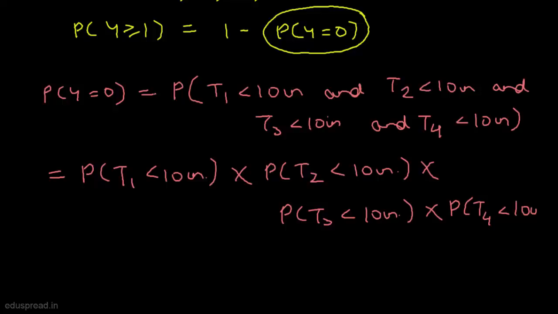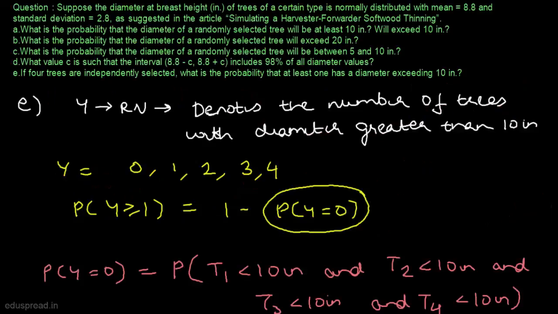We can do this because we are given in the question that we are selecting the trees independently. Now the question is, what is this probability number? What is the probability that a randomly selected tree has a diameter less than 10 inches? Recall that in part A of this question, we found the probability that a randomly selected tree will have a diameter that will exceed 10 inches.